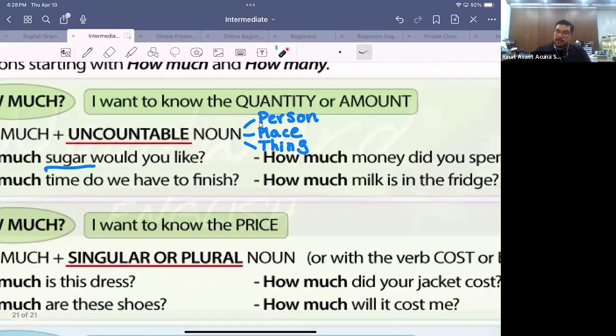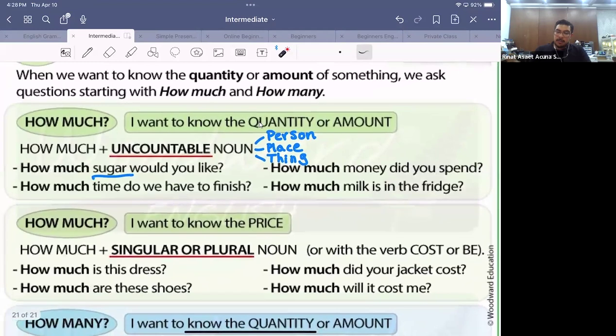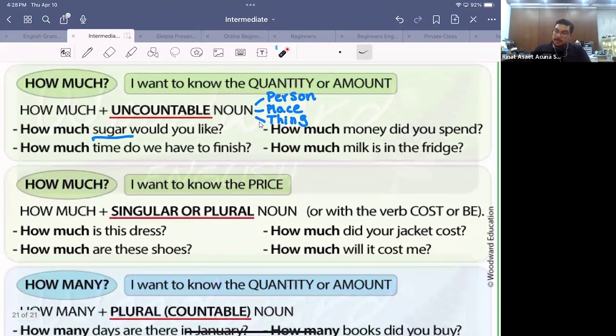Okay, very good. Now, this is talking about quantity, and I can also use it to talk about price. Now, this is something more specific, talking about price. In here, we just have to fix the structure. What does this mean?